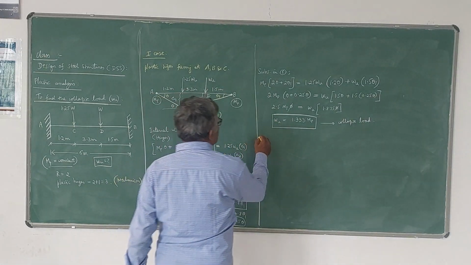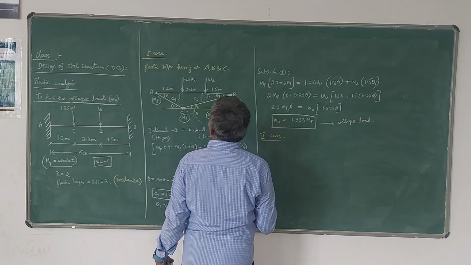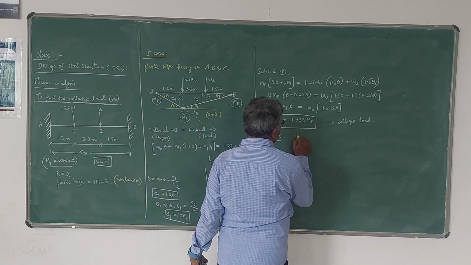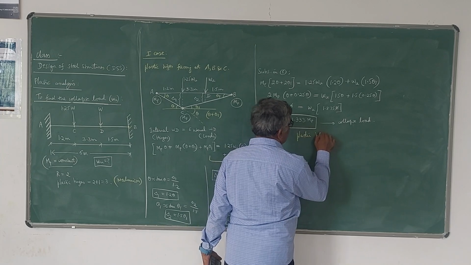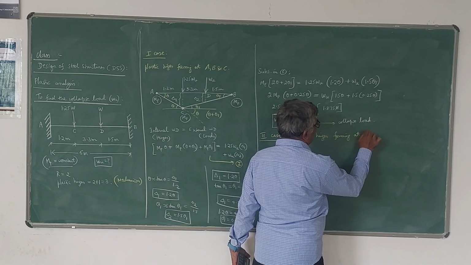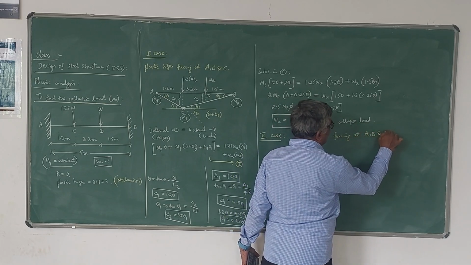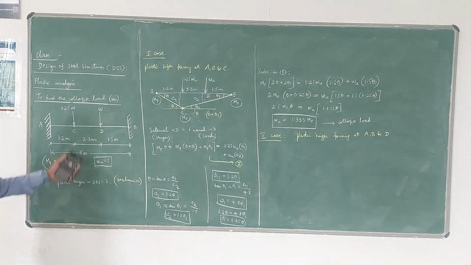So now let's go for the second case. In the second case, plastic hinges form at A, B and D. Let us assume that the third plastic hinge will form at D now.